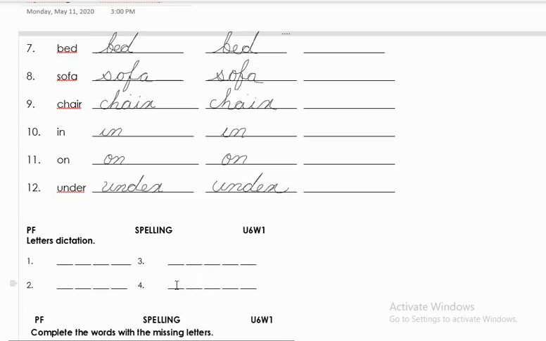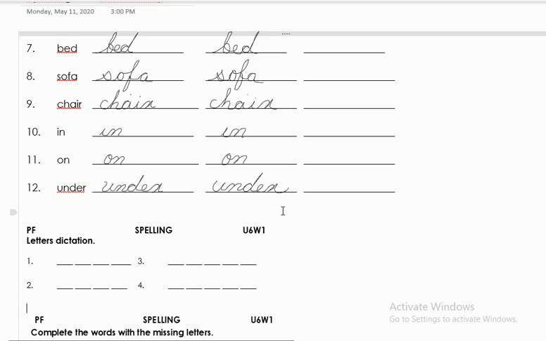Okay, and finally, let's go with the last word. In the first line, we add U. The second, N. In the third line, D. In the fourth line, E. And finally, the last one, R. Okay?